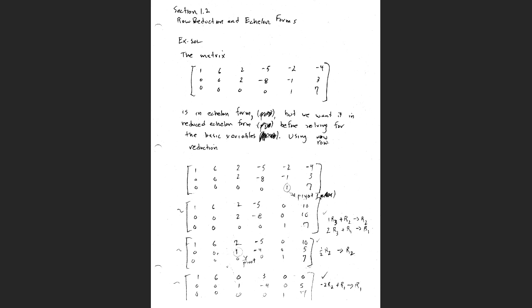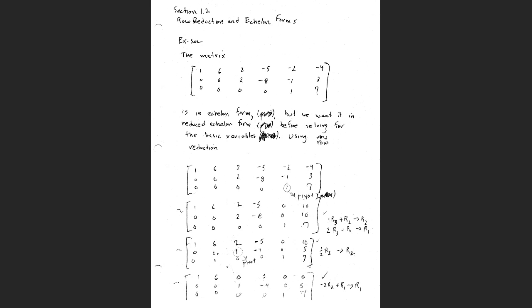Formally, you're going to learn what echelon form and reduced echelon form are. We'll go over the definition of that. I believe when we learn by doing, then the definitions will make sense.